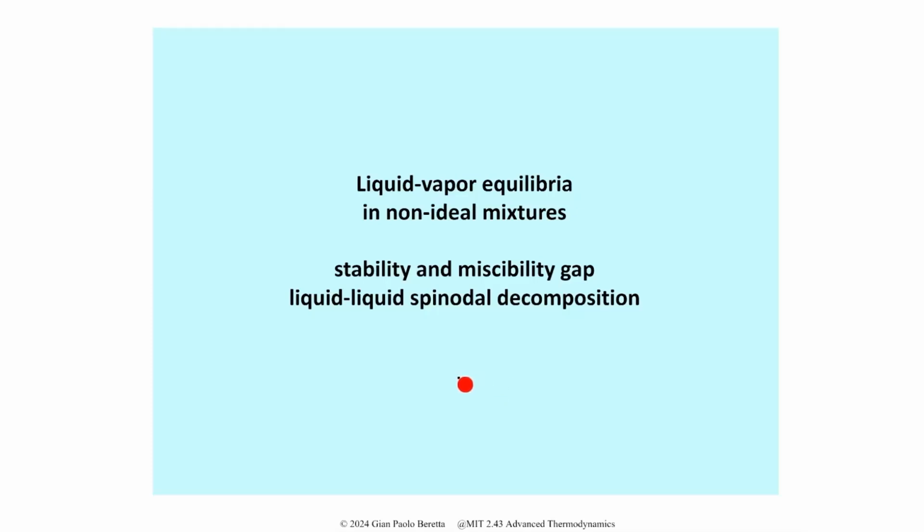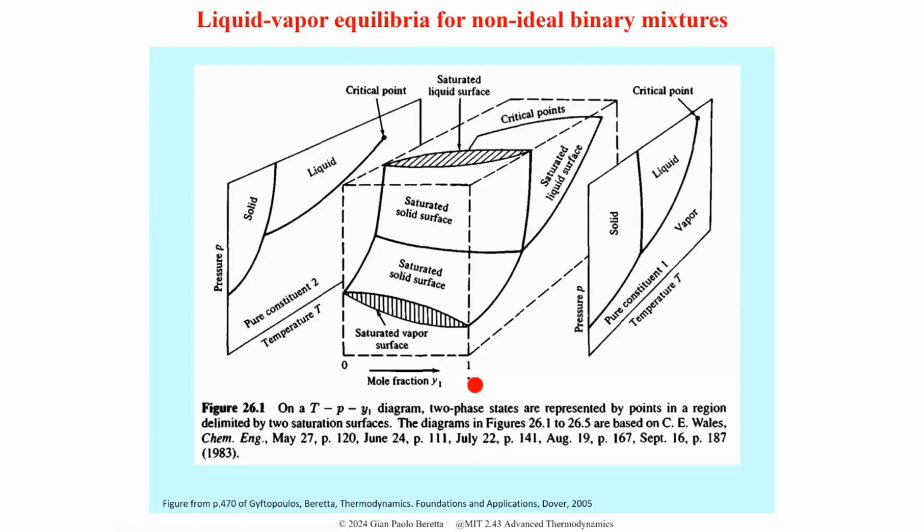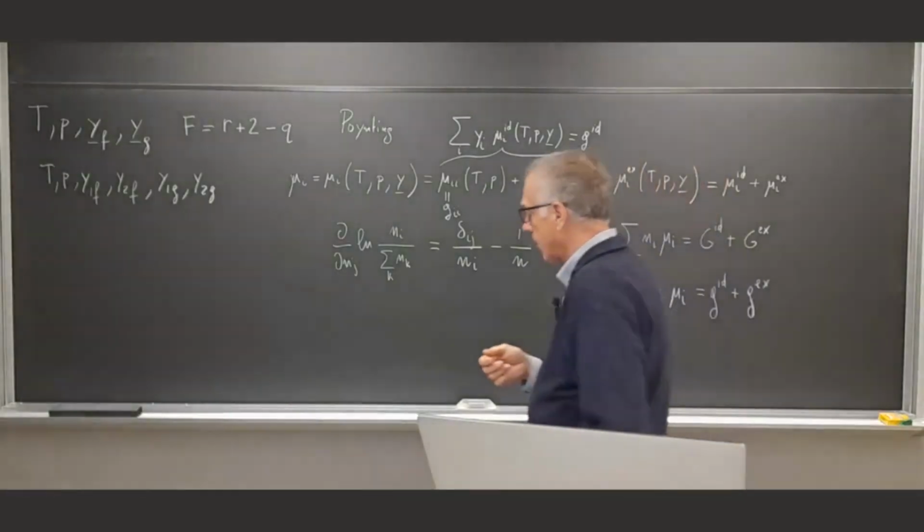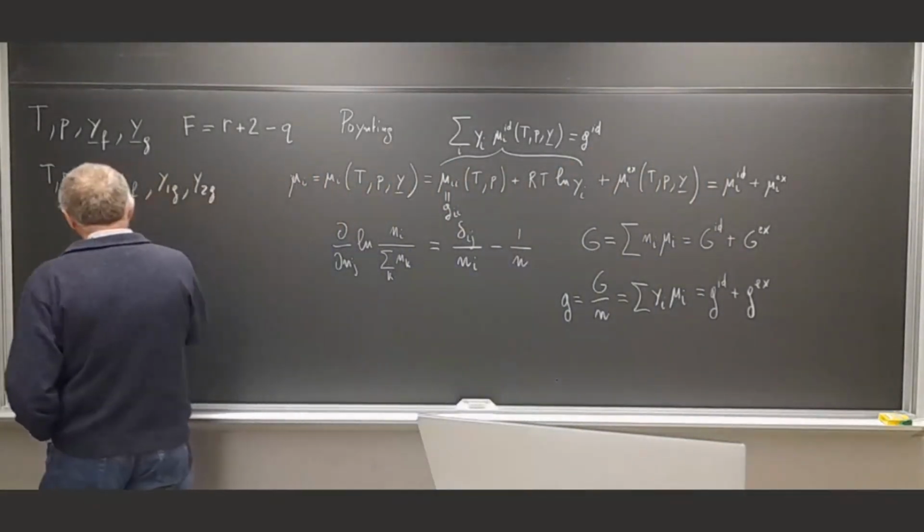So now let's talk a bit about the stability conditions. As we have seen, the business here is to go from the properties of a pure substance to the properties of the other substance, and all the way to all the compositions in between. And when we do these diagrams here, everything is fixed by the condition.